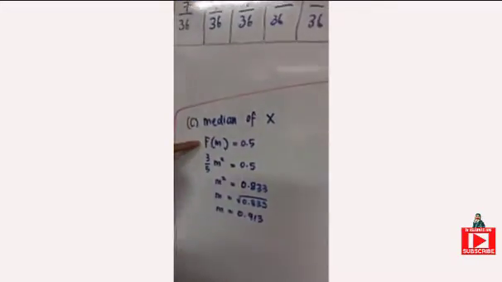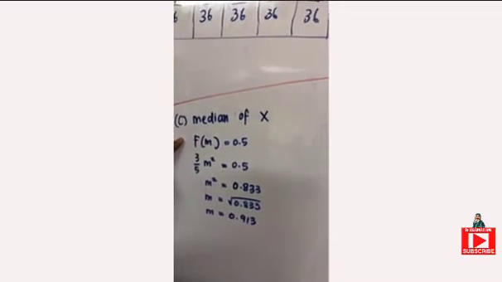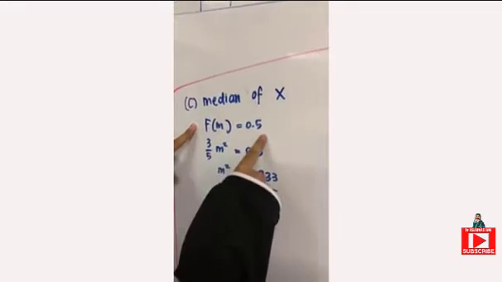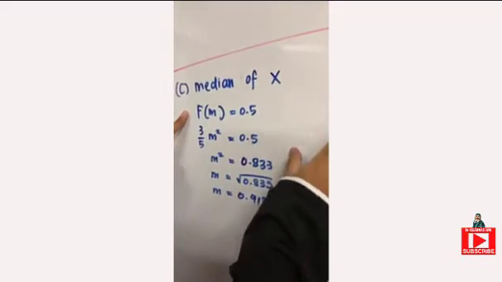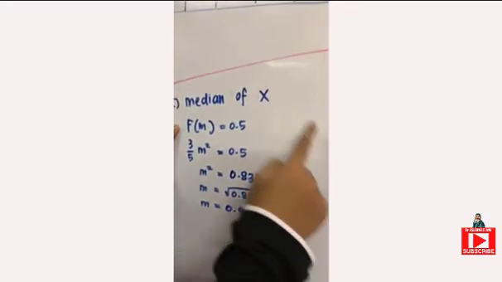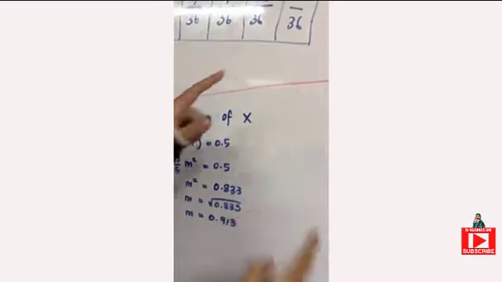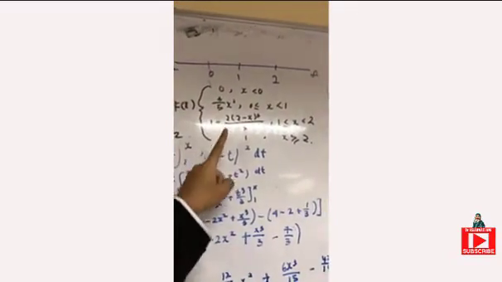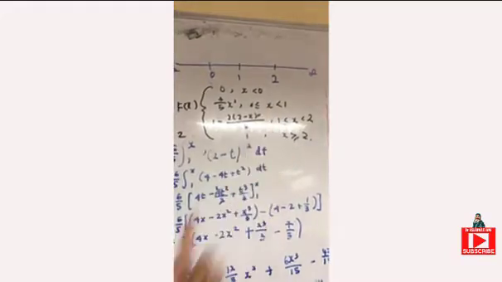Next, for the C, dia nak median of X. So kita ambil cumulative distribution F(M) equal to 0.5, sebab median dekat tengah-tengah, so 1/2. So kita ambil dekat F(M) ni, equation ni, sebab dia antara 0 dengan 1.